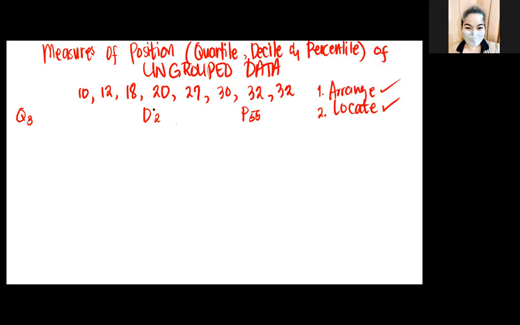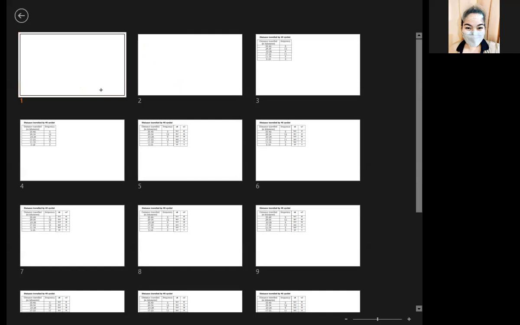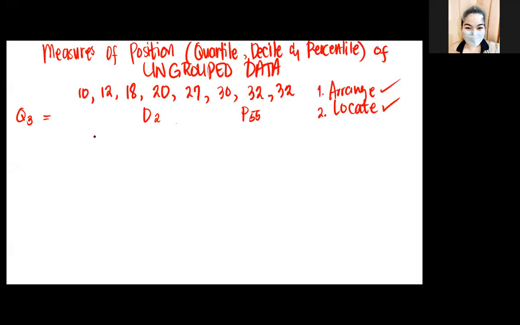So pag nilo-locate natin sila, gagamit tayo of course ng formula. At yung formula natin ay K times N plus 1 divided by, di ba nagkakaiba lang sila. Di ba ang ginagawa lang natin pag nag-locate tayo, usually, pare-pareho naman sila ng formula, which is K times N plus 1 divided by kung ilang parts natin sila i-divide.